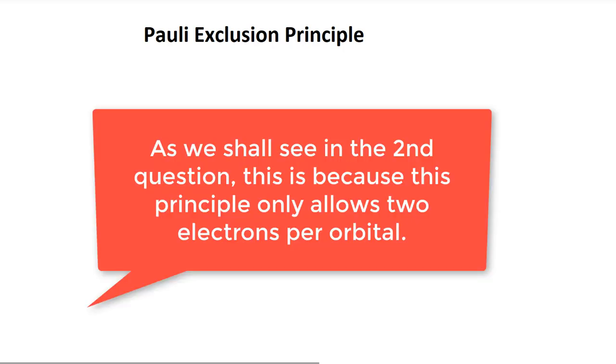There is in fact a fourth quantum number called the spin of a particle that is outside the scope of the MCAT, but when considering all four quantum numbers together, it turns out that, due to the Pauli exclusion principle, only 2 electrons can exist in the first shell, 8 in the second shell, 18 in the third shell, and so on. There is a limit to the number of electrons that can be in a particular shell due to the Pauli exclusion principle.